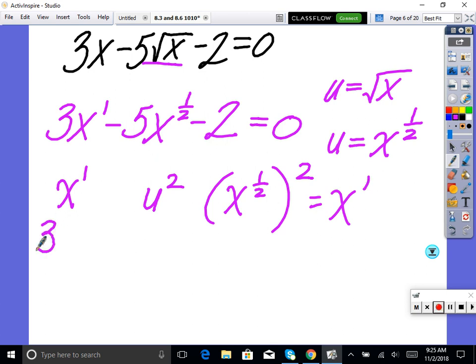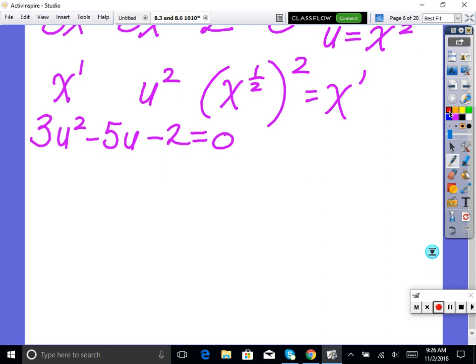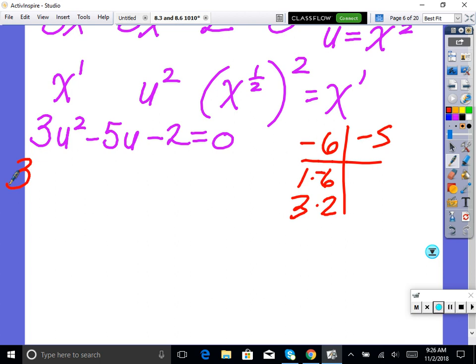So then we have 3u squared minus 5u minus 2 equals 0. Okay. What multiplies to be -6 and adds up to be -5? 1 times 6, 2 times 3. -6, I can't quick factor, so I'll long factor: 3u squared minus 6u plus 1u minus 2 equals 0, factoring by grouping.